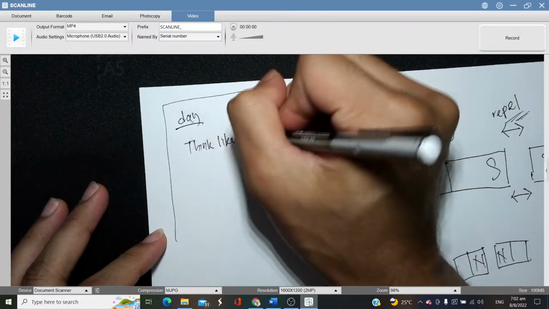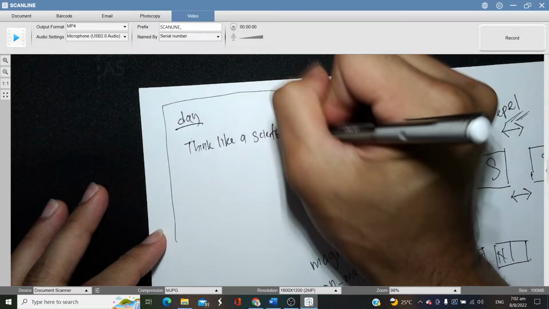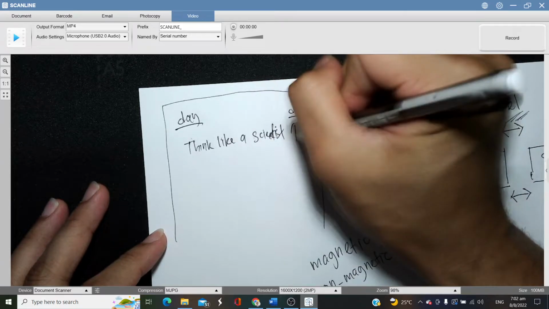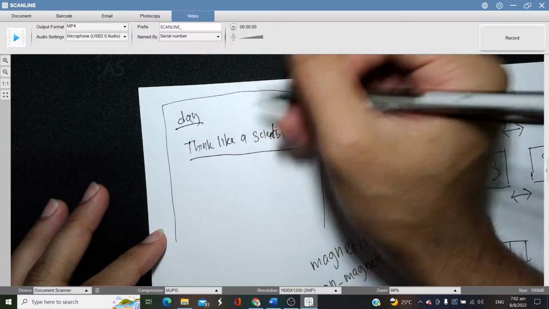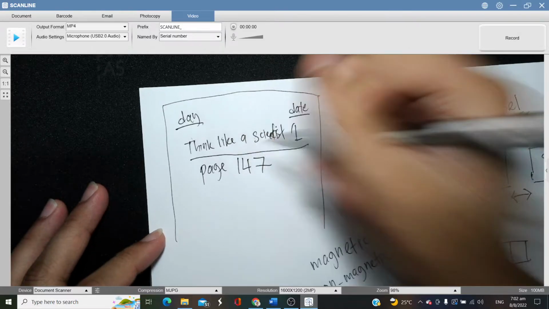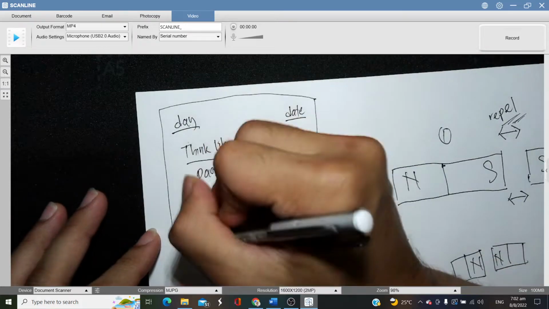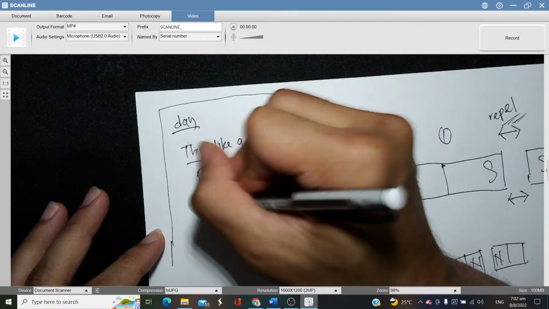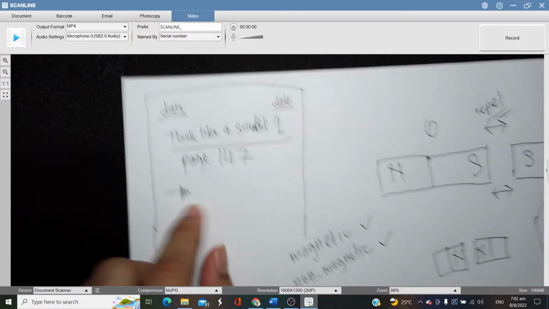Think Like a Scientist 1, page 1. Okay, then you can start from the arrow.